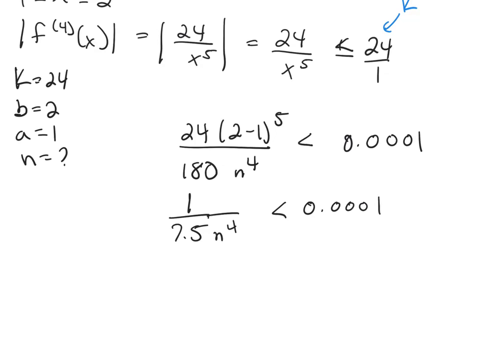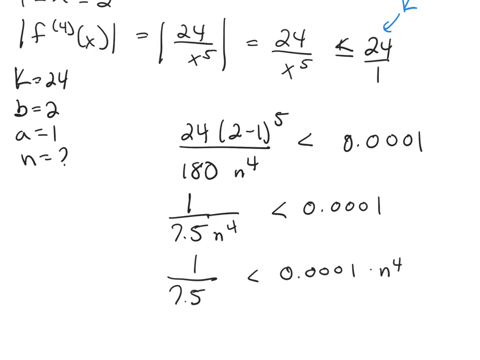I want to solve for n, but the n is in the denominator. What do we do? Bring it up to the numerator by multiplying both sides by n to the fourth. So you're going to get 1 over 7.5 times n to the fourth.